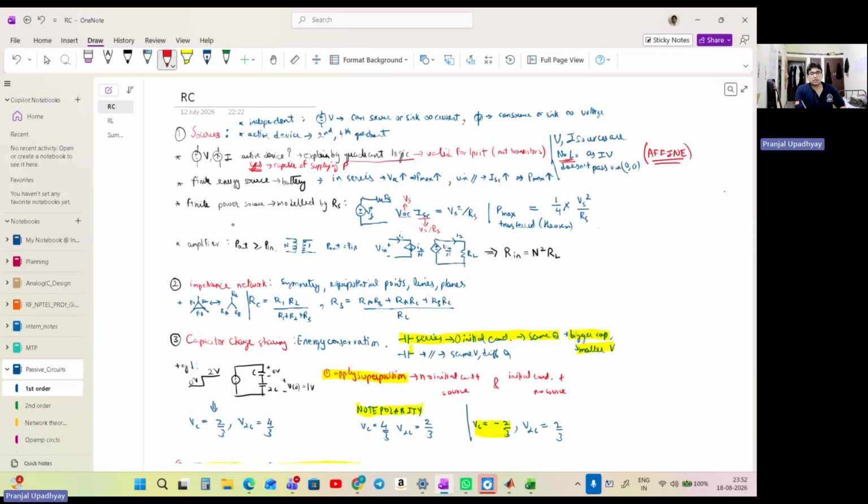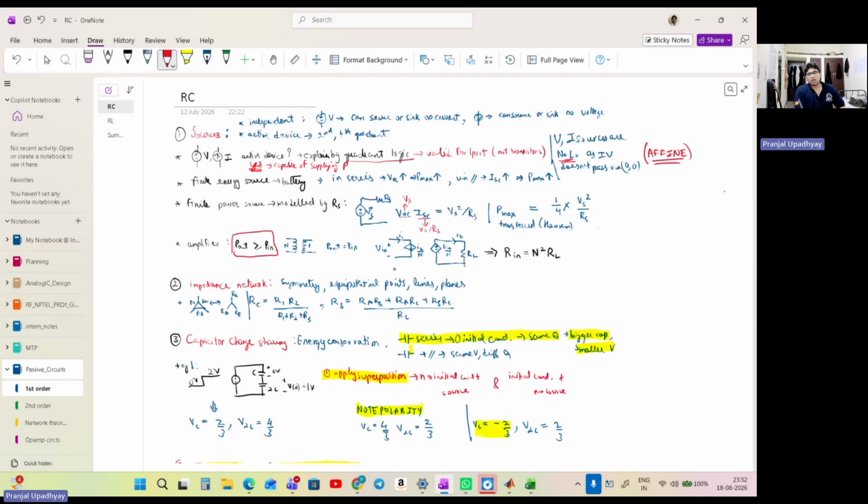So this definition alone easily breaks the idea that a transformer is an amplifier, because a transformer will give n times or 1 by n times the voltage, but it will give the current in the opposite proportion, so the effective power won't increase in the output, right? So that is the basic idea.